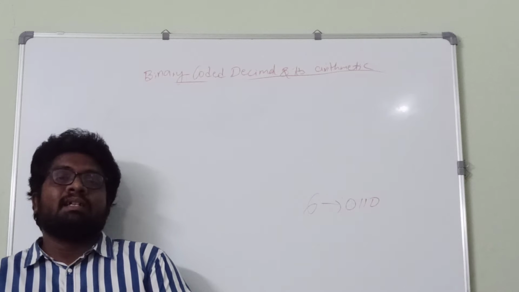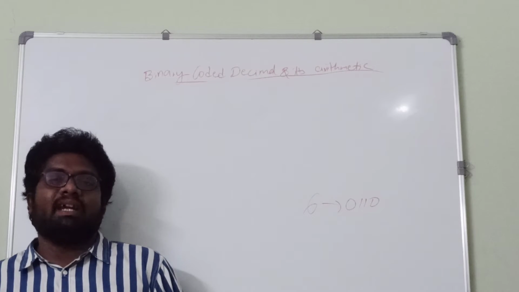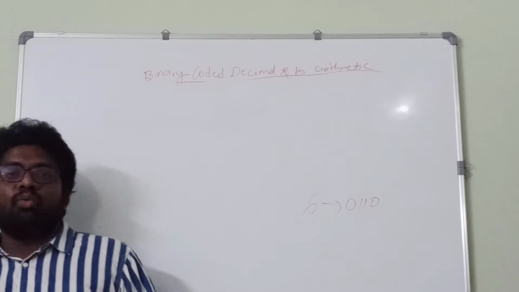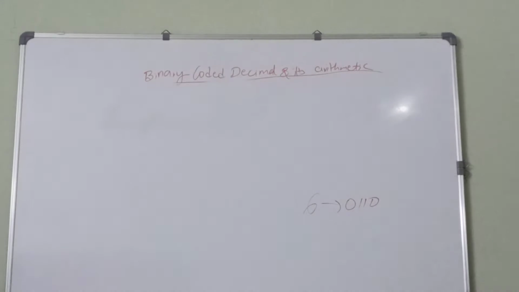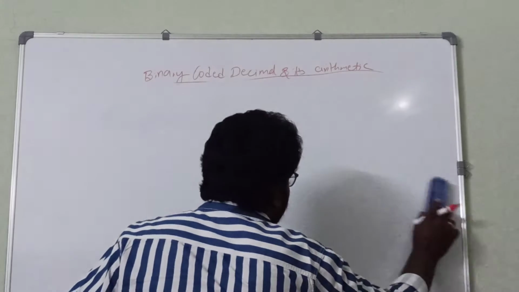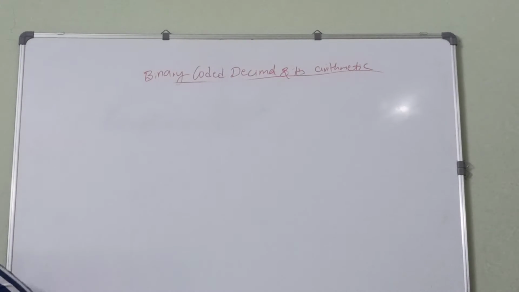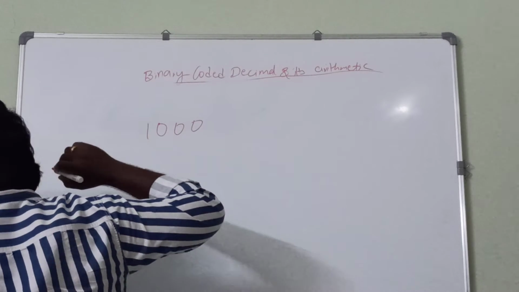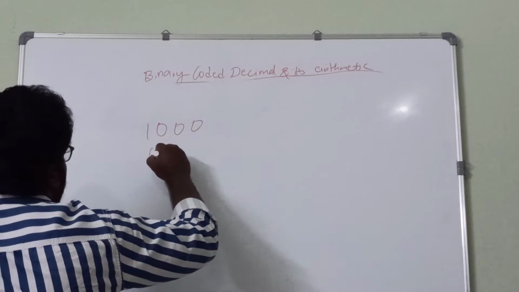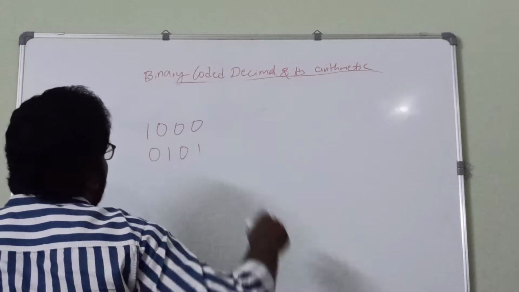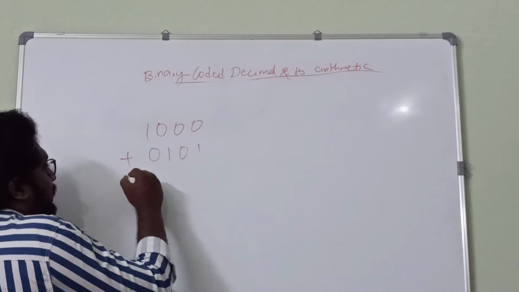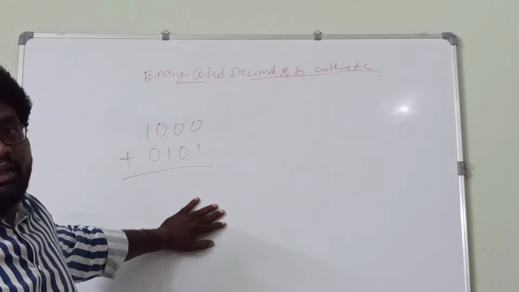Now let us see some examples of BCD addition, and we will clearly know how it is performed. Let us take one example: 1000 being added with 0101. We need to perform the BCD addition.